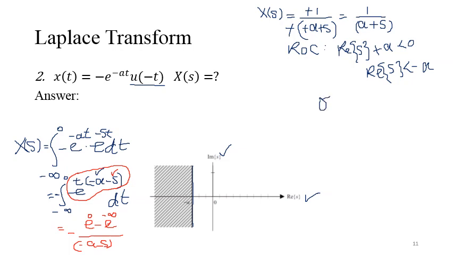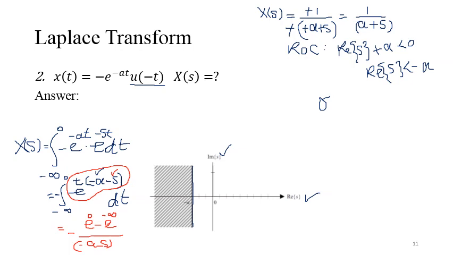The values of sigma should be less than minus a, because then the sum will result in some negative value. When the sum results in a negative value, the resulting signal will be exponentially decaying. But for the other values, maybe here, it will result in a positive value.